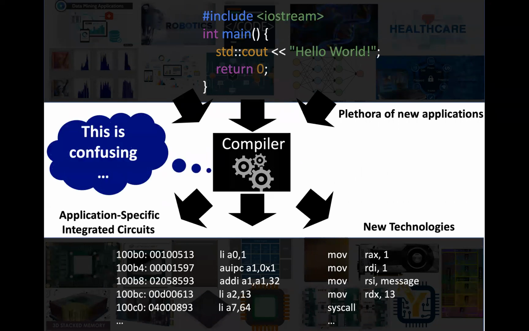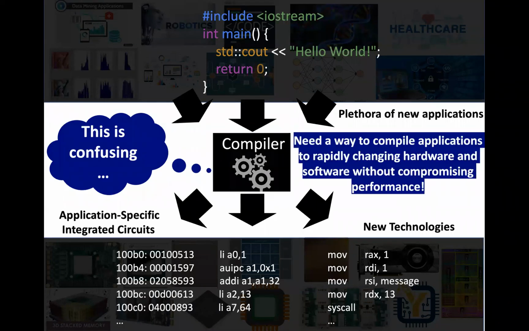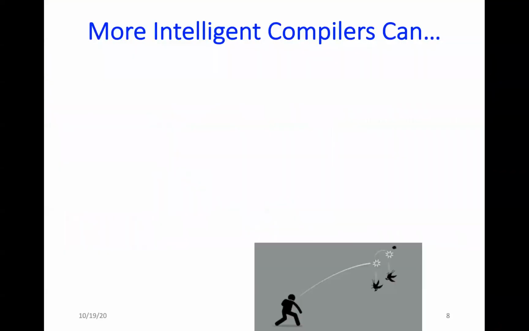With all these applications and all these target hardwares, it becomes very confusing for the compiler to optimize for performance for different targets. So the objective is to be able to compile applications to rapidly changing hardware and software without compromising performance. To do that, we built more intelligent compilers.